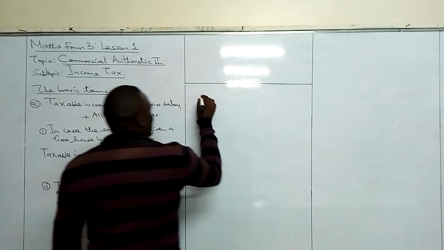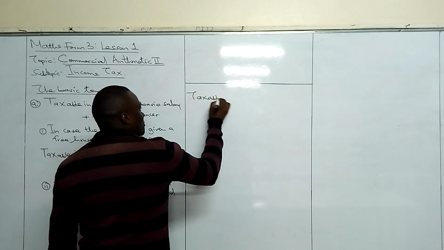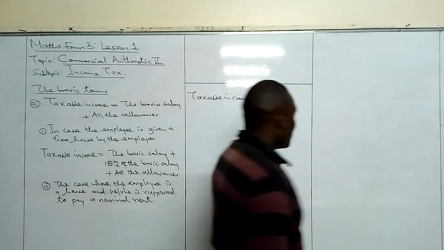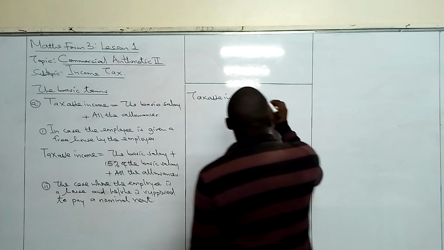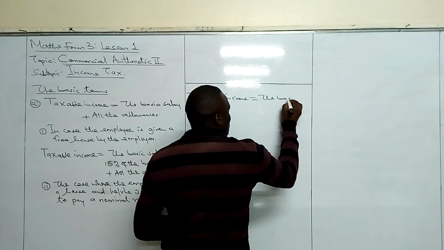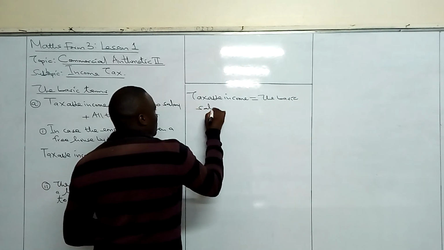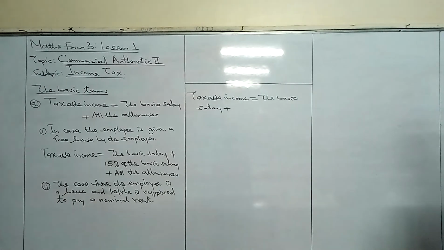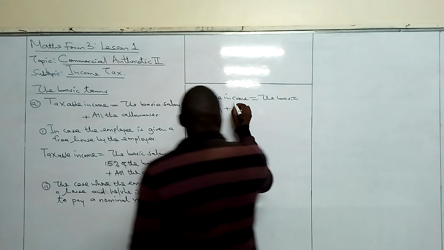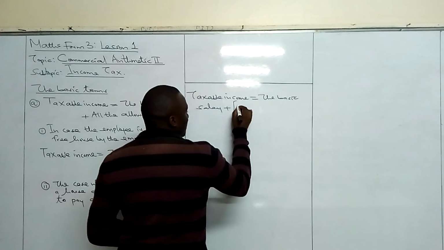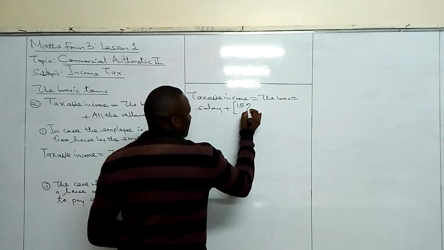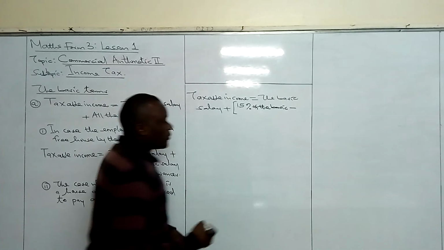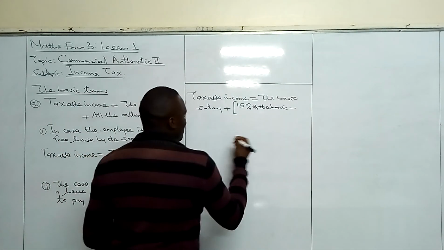We will now say taxable income is equal to the basic salary, then we add 15% of the basic salary when you have removed the nominal rent.